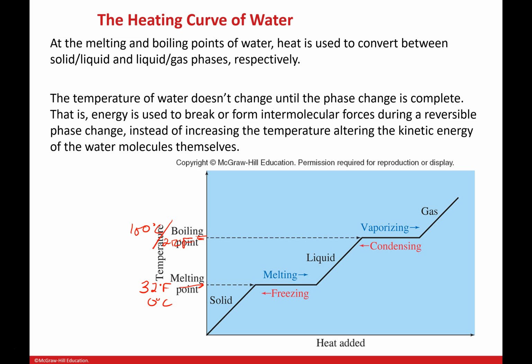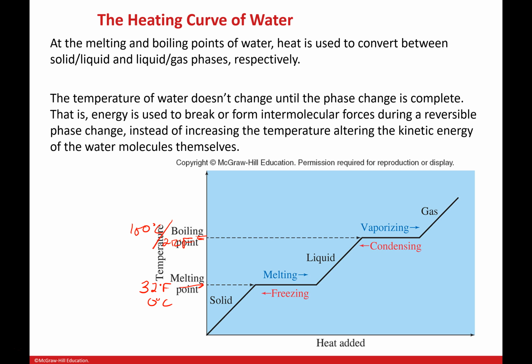If you go Celsius to Fahrenheit, you multiply by 9/5, about 1.8, and add 32.